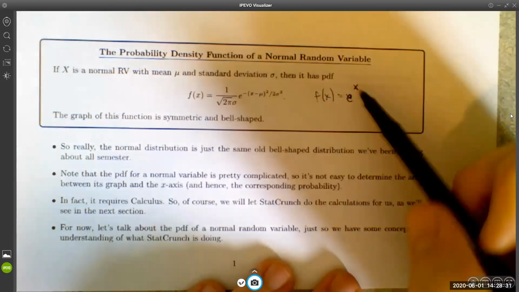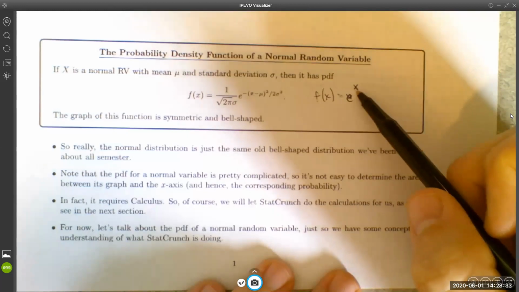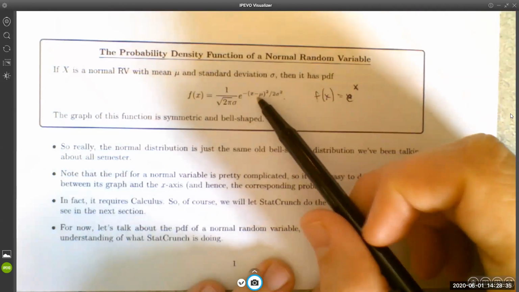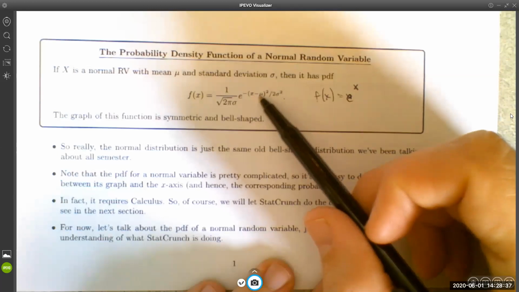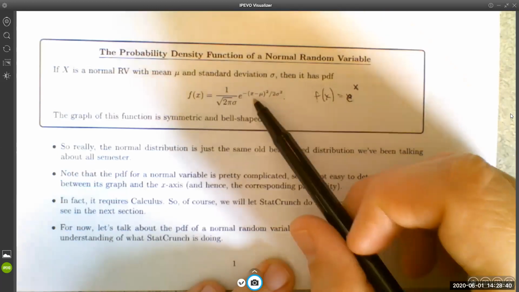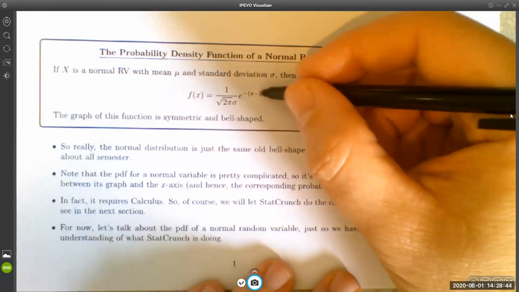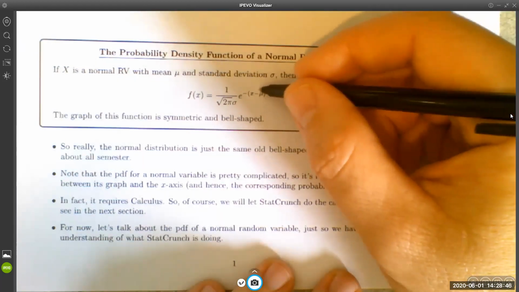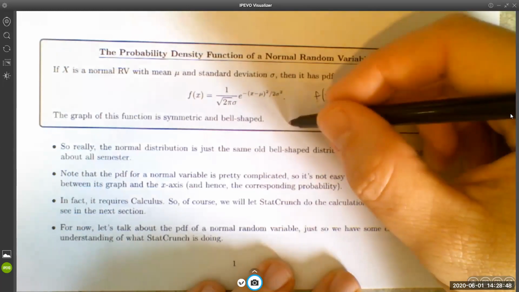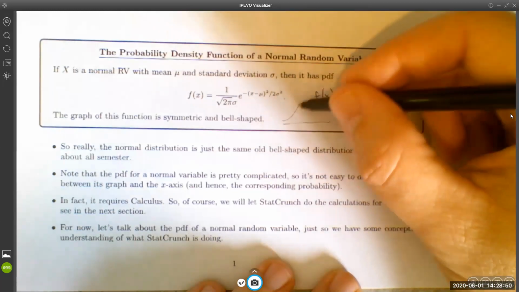If you think about what happens to this function when you subtract values from it, that shifts the function to the right. So mu, as it turns out, if you were to graph this function, mu is the high peak of our normal distribution.